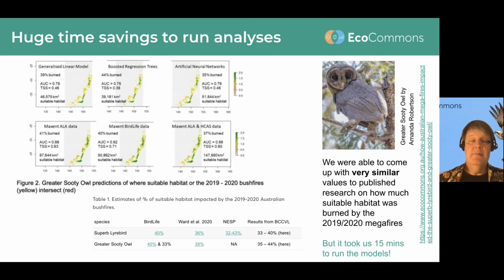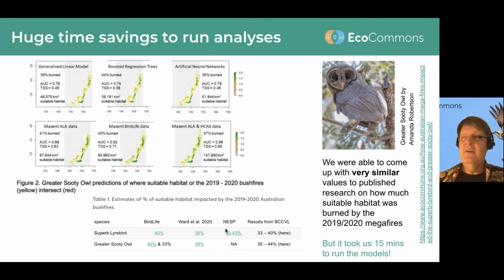And so they developed species distribution models for these species and then would overlay the places that were burned, based on the NASA data, what places were burned. And to give them some indication of, well, what's the percentage of habitat? In our case, we were looking at superb lyrebird and greater sooty owl that was burnt in the fires.